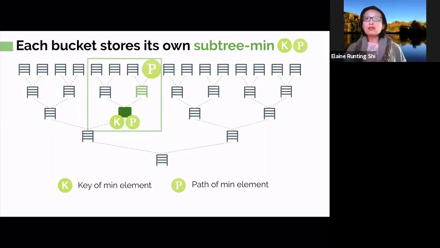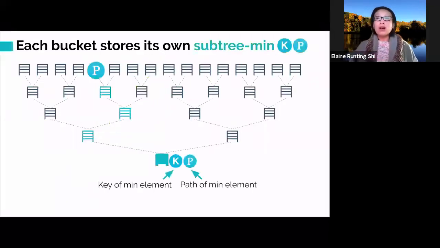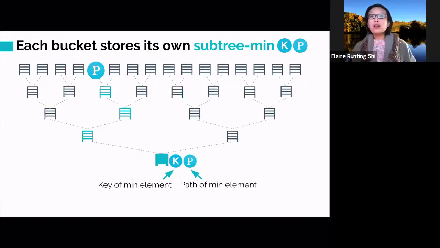So in this example, the solid green bucket has a subtree min label that is a pair, the green K and the green P. It tells us that the minimum element in the green subtree has key K, and it's somewhere on the green path leading to the leaf node denoted by the green P. Of course, the root also has a subtree min label. In this example, the root's subtree min label tells us that the minimum element in the entire tree has the key K, and it's somewhere along the blue path.